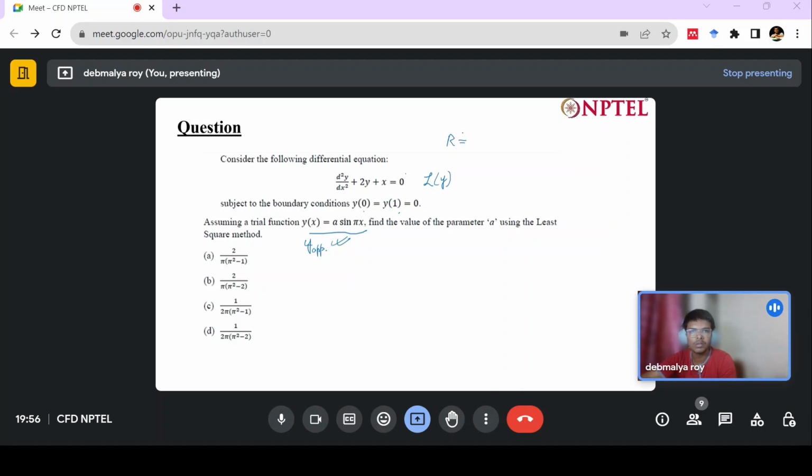The residual will be d2/dx2 of y approx plus 2 y approx, minus the actual term, which is 0 anyway, so we don't have to bother about this. So this is our expression. Can you tell me what this expression stands for?